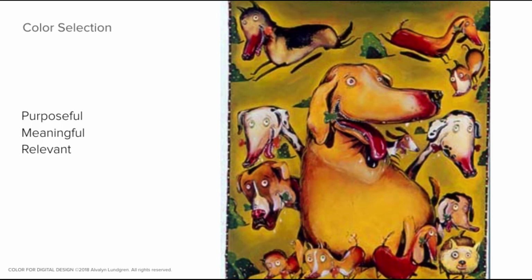So they also need to be meaningful to the audience that is going to be utilizing or viewing the design, and also relevant. So the colors that you choose have a role of making the communication relevant to the people that you're targeting.